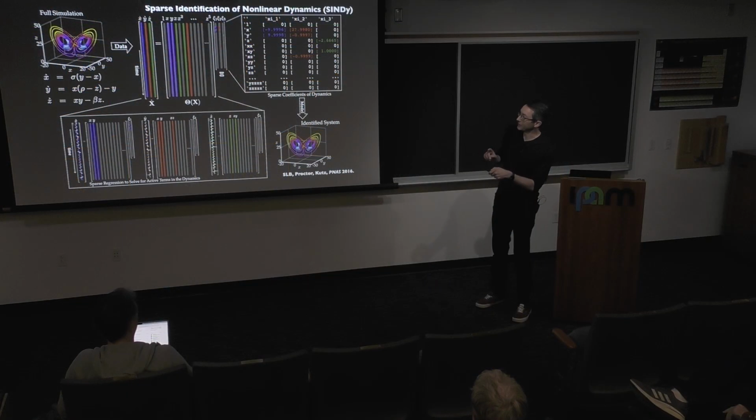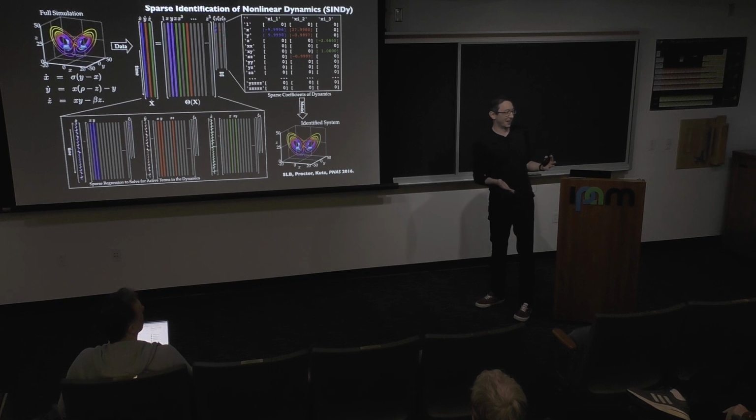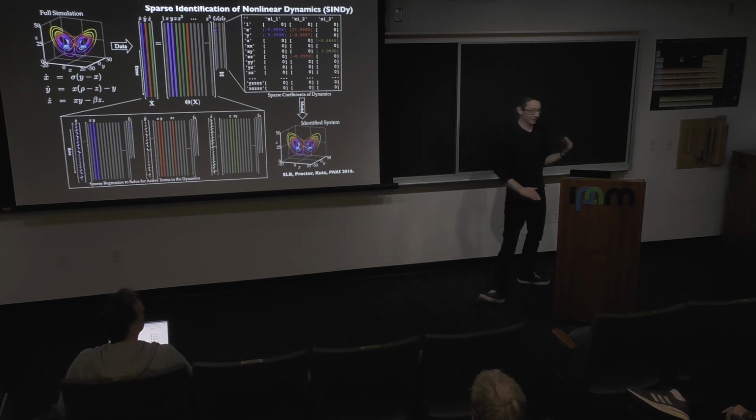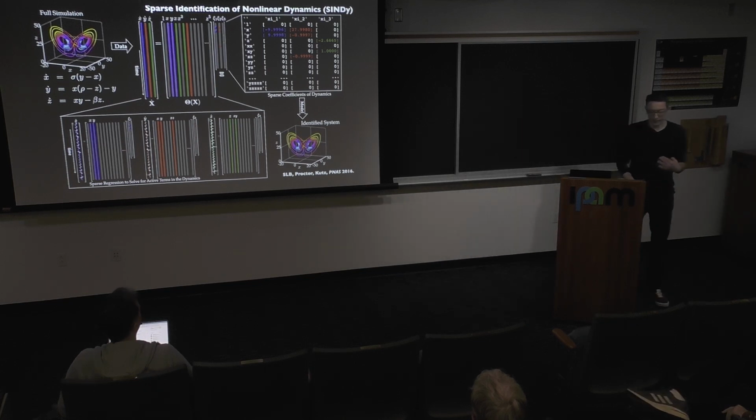The first one is choosing what variables to measure. Choosing the right measurement variables is the most important step. Then choosing the right library that could describe the dynamics is maybe the next most important step. The sparse optimization is the easiest step at the end. So choosing the right variables is very problem specific.